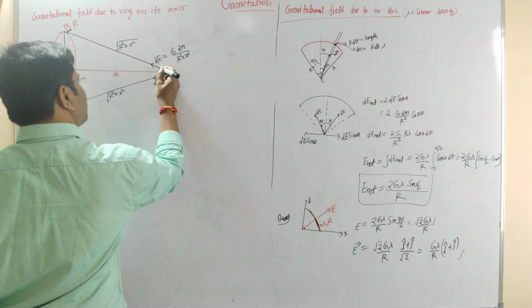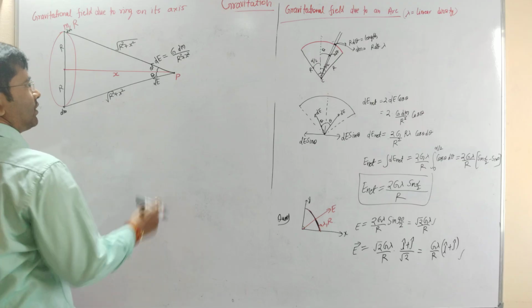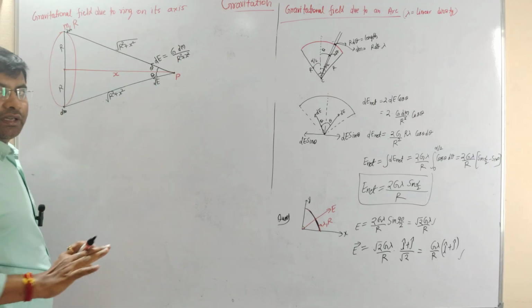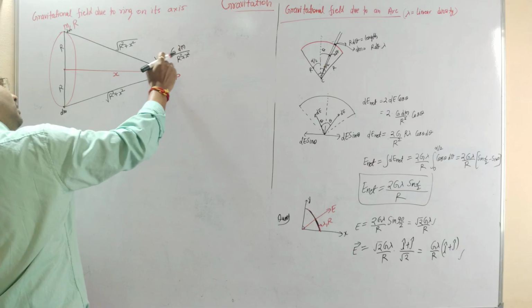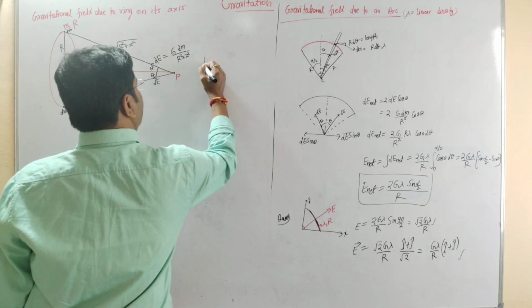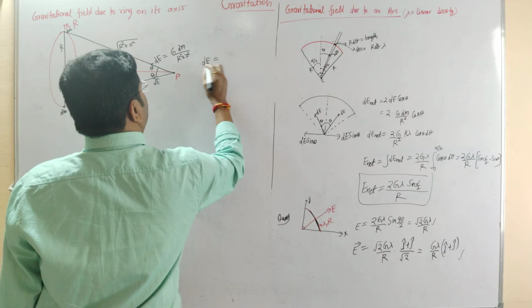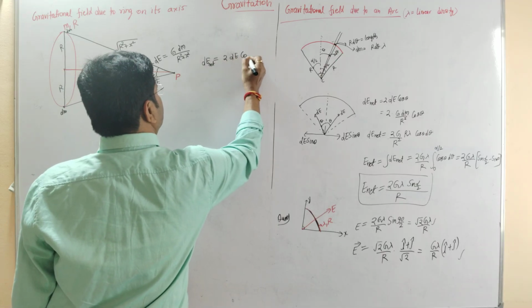Here assume that this angle is theta. This is also theta. Now dE sin theta cancels out. dE cos theta, due to this dE cos theta and due to this dE cos theta. So the net field I will get here at the center is equal to 2 dE cos theta.